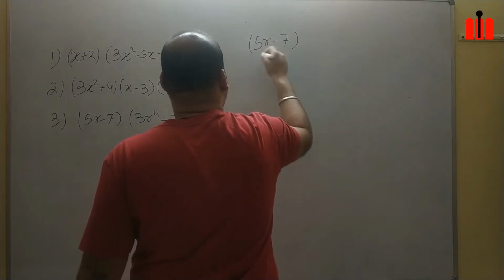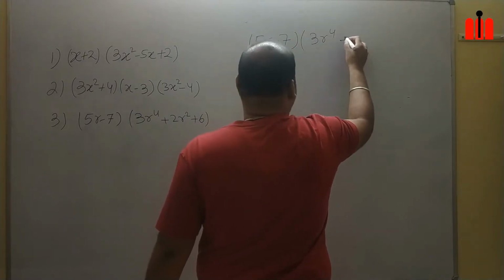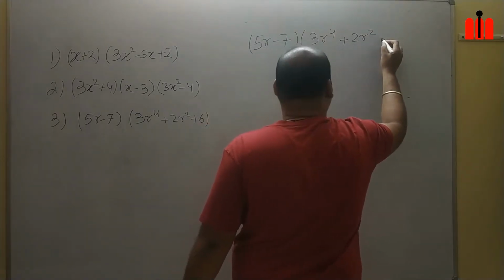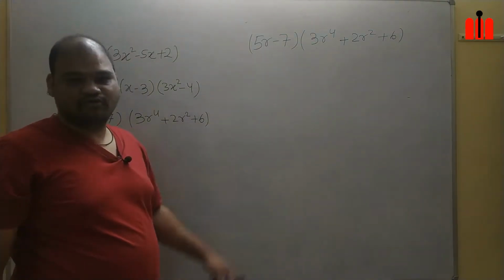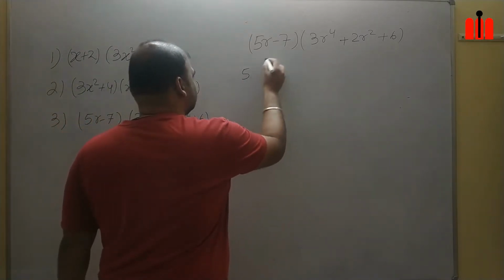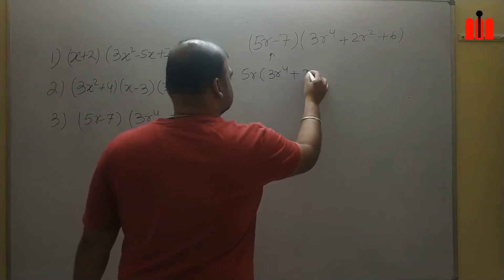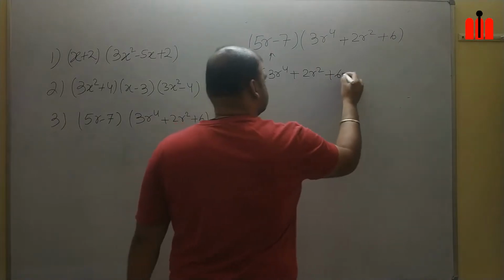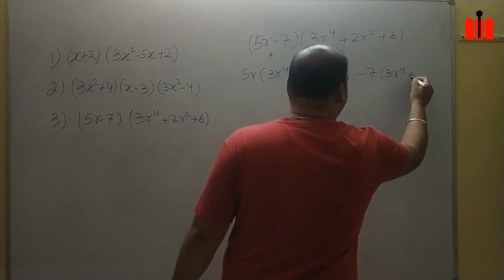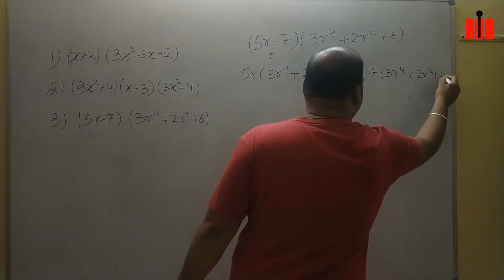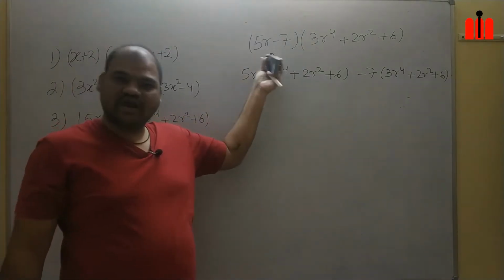Now we have to multiply these two, so we will break this bracket, so it will be 5r into (3r to the power of 4 plus 2r square plus 6) minus 7 into (3r to the power of 4 plus 2r square plus 6).